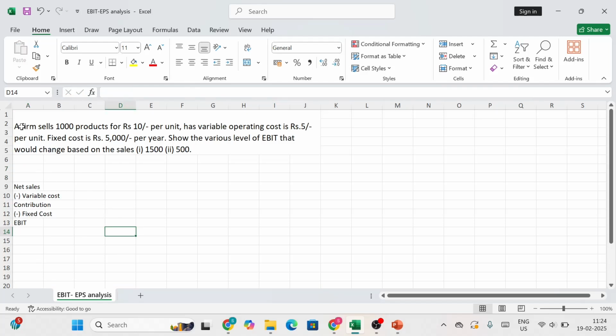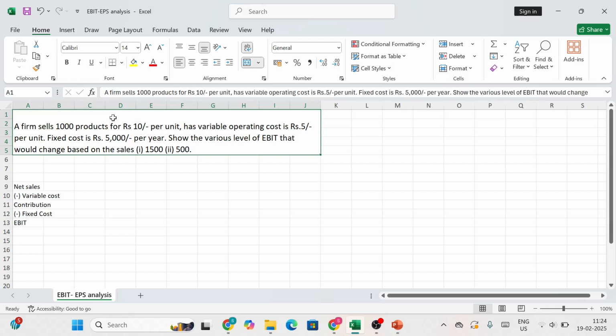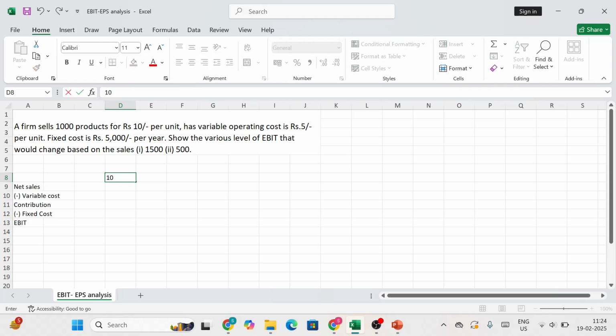See, this question is: a firm sells 1000 products for 10 rupees per unit. It has a variable operating cost of 5 rupees per unit. Fixed cost is 5000. Show the various levels of EBIT that would change based on sales of 1500 and 500 units. So let us consider these 1000 units as your base.